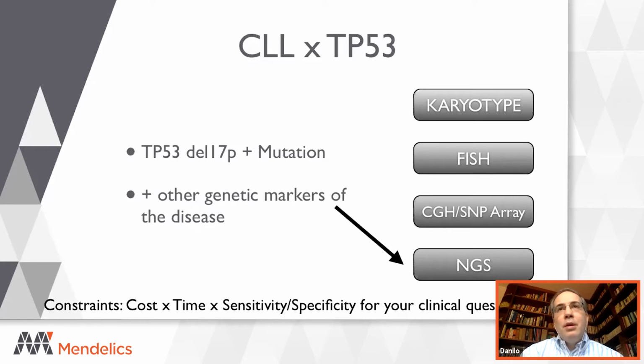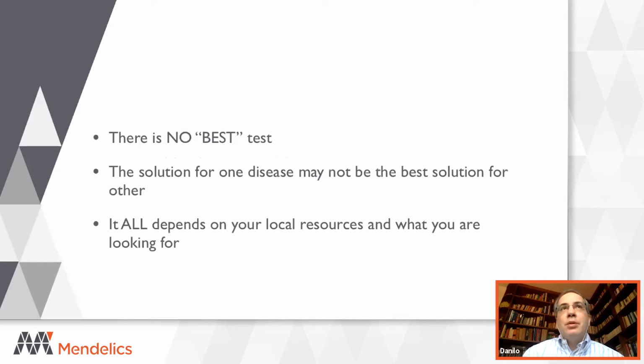So if I use a properly designed NGS test, I could search for all of these things. But I would still need to consider the cost, the time, and the sensitivity and specificity for my question.